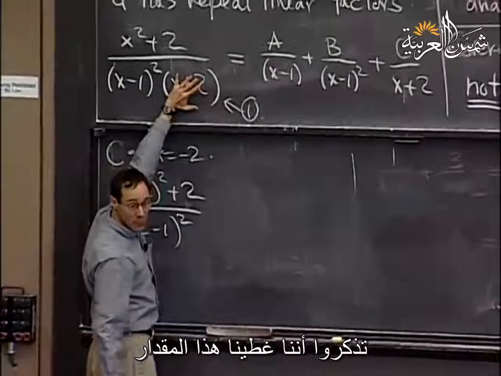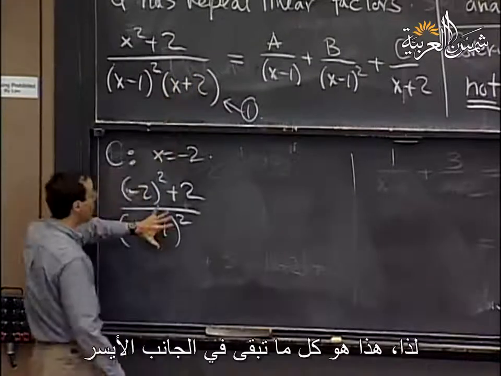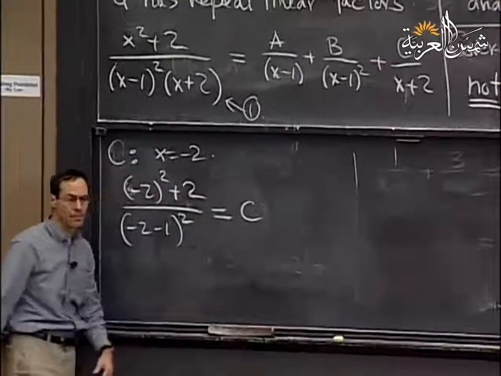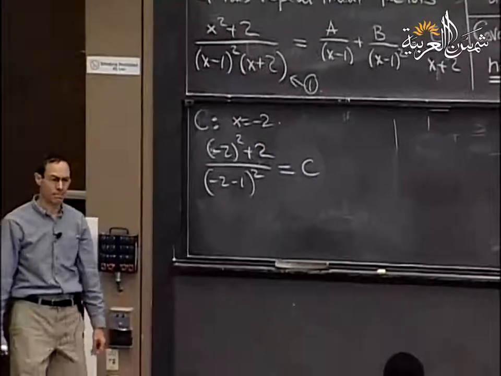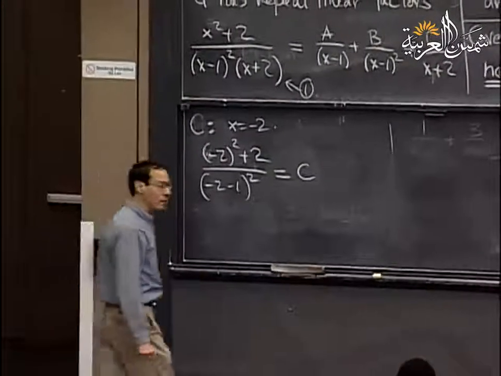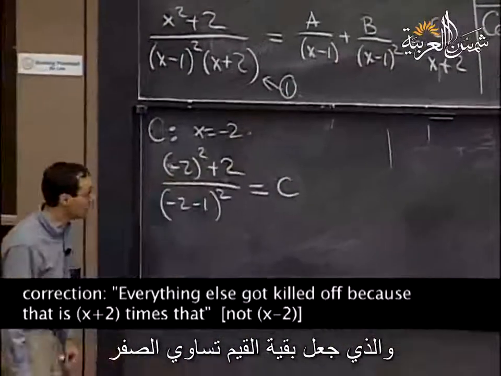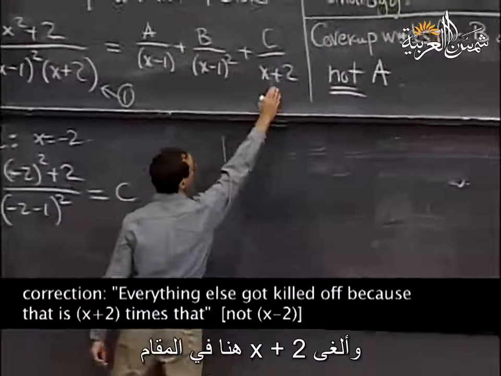Remember, I'm covering this up. So that's all there is on the left-hand side. And on the right-hand side, all there is C. Everything else got killed off because it was x plus 2 times that. That's 0 times all that other stuff. And the x plus 2 over here canceled.